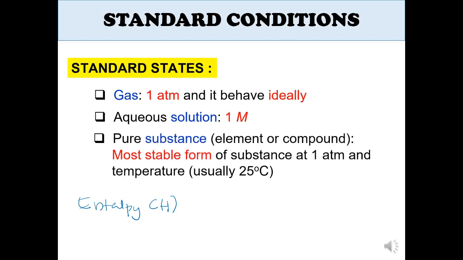The enthalpy measured at 25 degrees C or 298 Kelvin, 1 atm, and 1 molar for aqueous solution, known as the standard condition, is termed standard enthalpy. The symbol is H0.